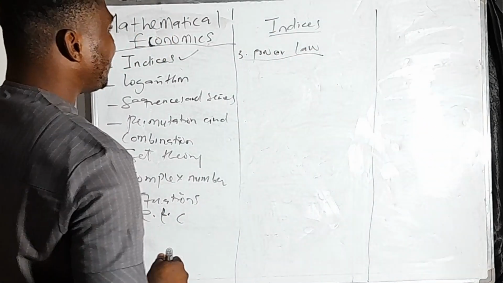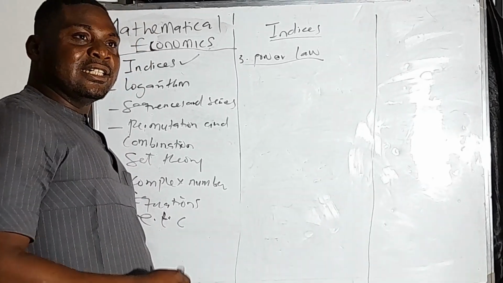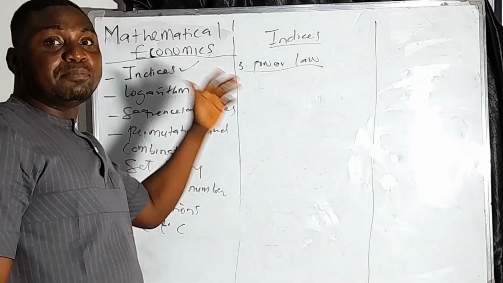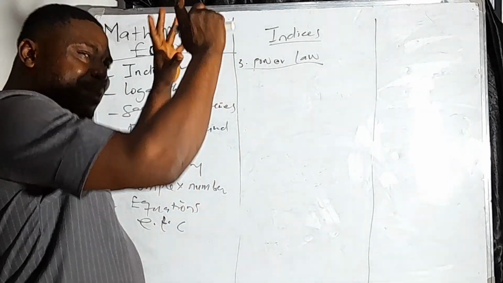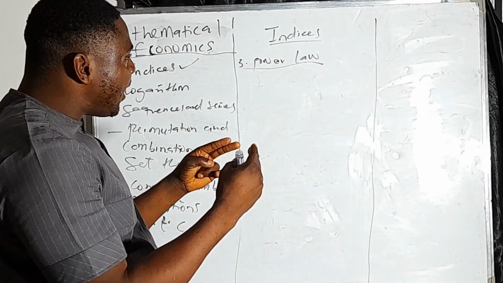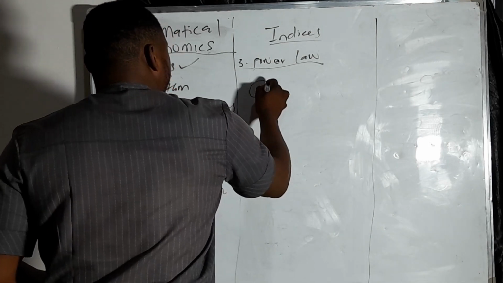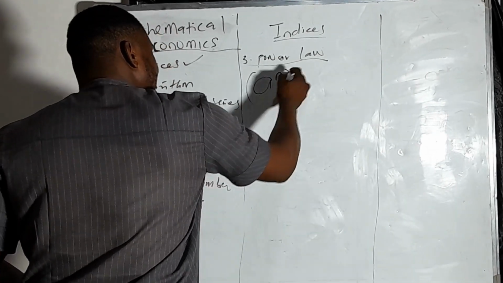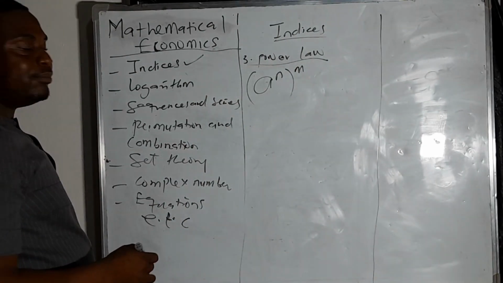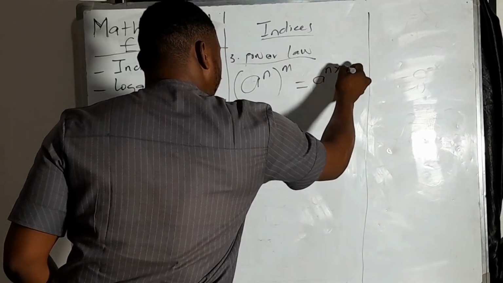The power law. When you have indices, there's a base and there's a power, and you now have another power outside the bracket. What the law says is you multiply the two powers. For example, if you have a raised to power n, in brackets, raised to power m, the law says you have a raised to power n multiplied by m.